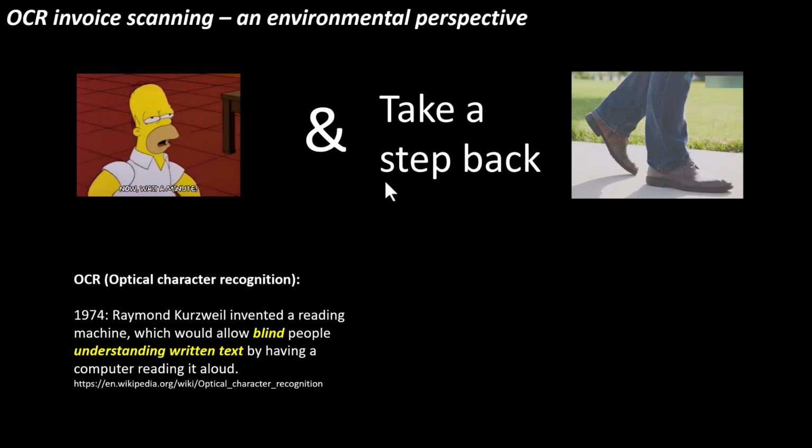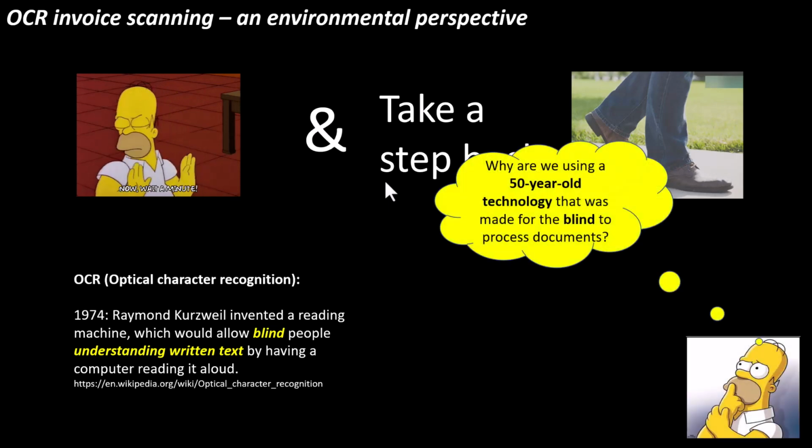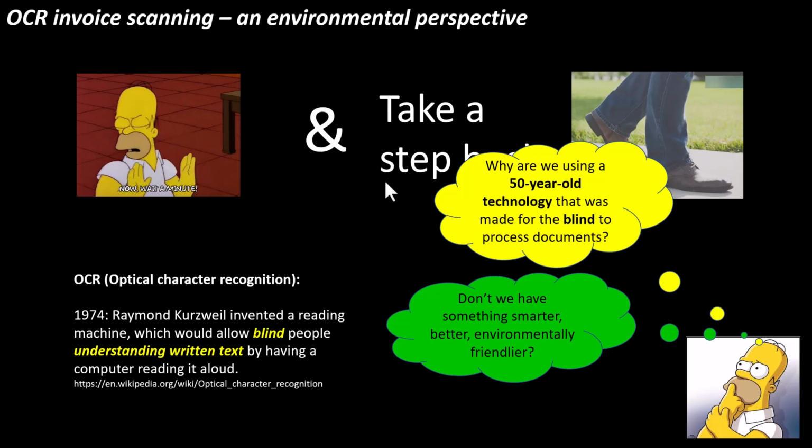It was basically used by Raymond Kurzweil, and he wanted to use it for blind people so that they can read documents, papers, and that a computer is reading these identified words and texts for them. And this made me think, hey, why are we using a 50-year-old technology that was actually made for blind people to process documents? And isn't there something smarter or better?